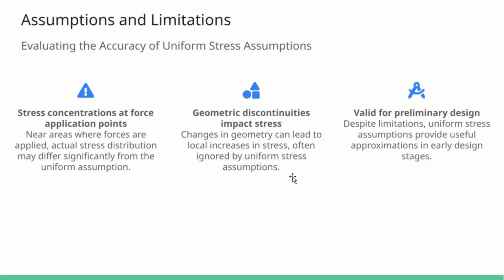What do we mean by change of geometry? Suppose you have an L shape. The place where the L begins has a geometric discontinuity. Suppose the rod is bent, curved. The place where the curve starts is called a discontinuity.